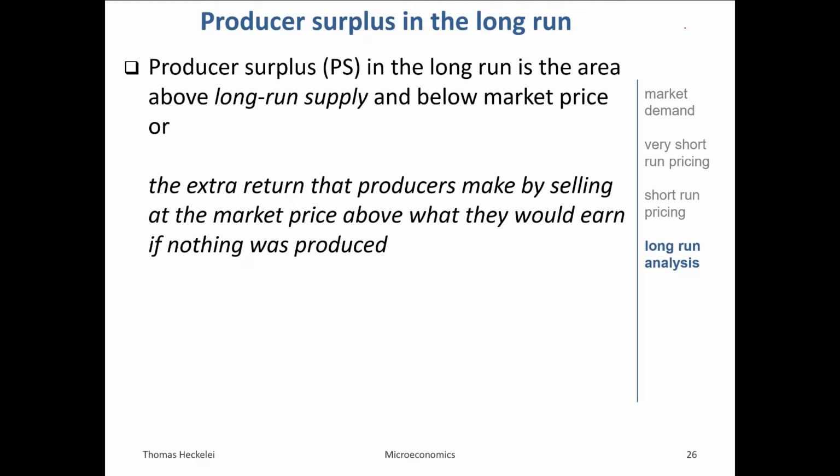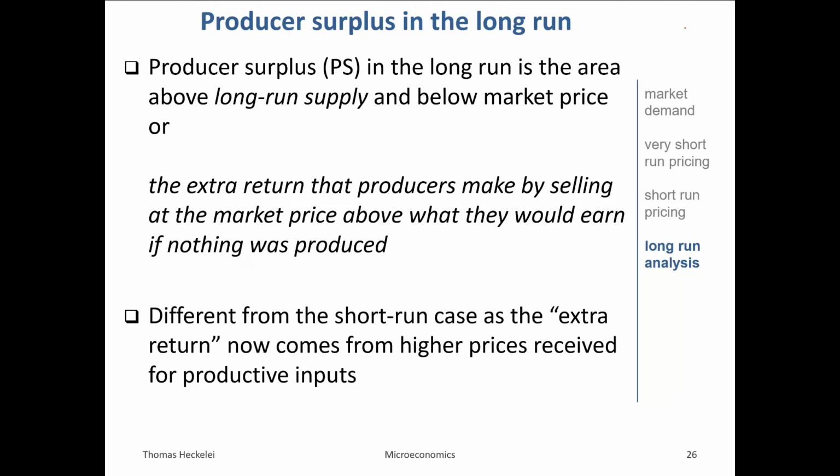Or speaking differently, the extra return that producers make by selling at the market price above what they would earn if nothing was produced. That still doesn't make a big difference from the short run case, no? Where does the difference come from? Actually, who would get that return?